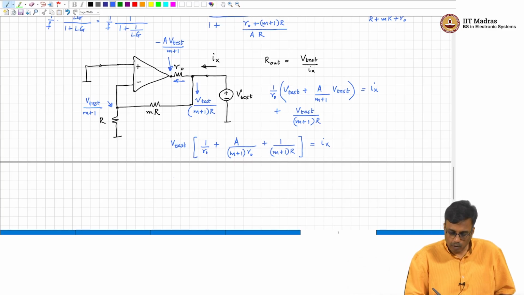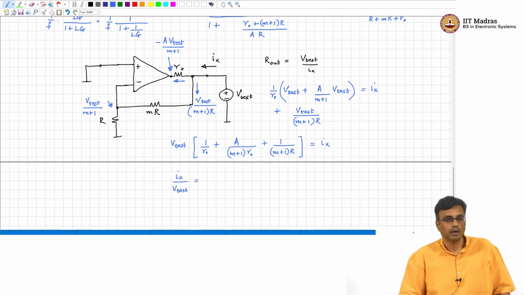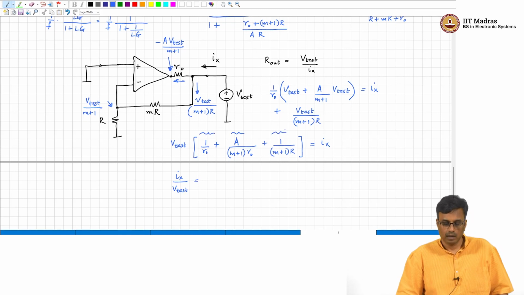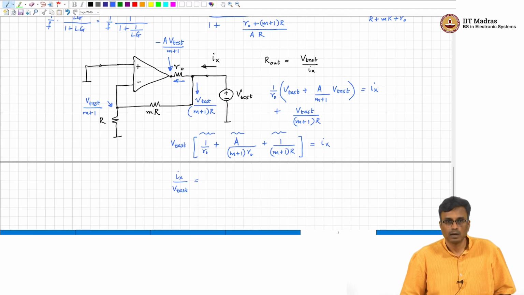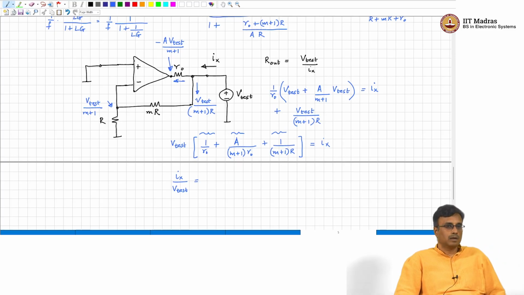So, therefore, Ix by V test, that is the output conductance, is the sum of 3 conductances. So, how can we model all these 3? Conductance is the inverse of resistance, right.